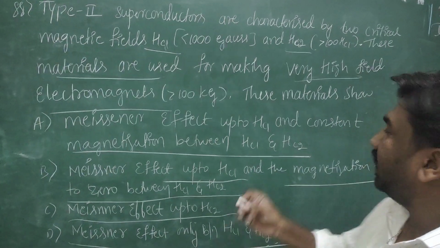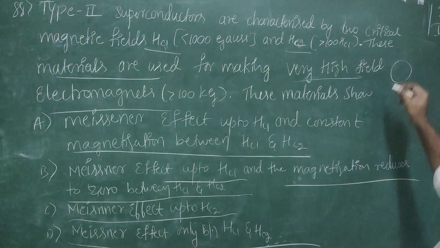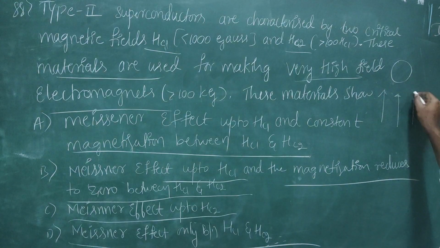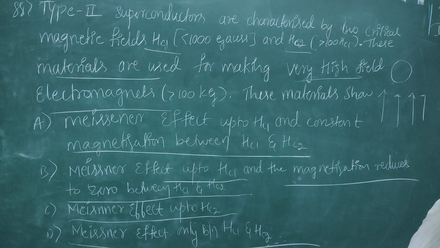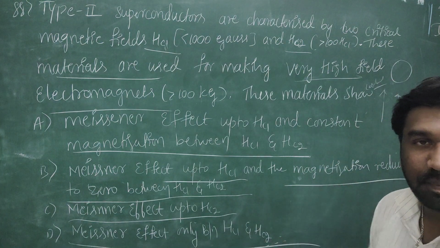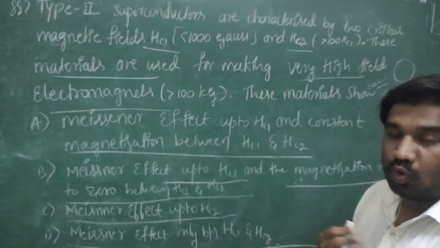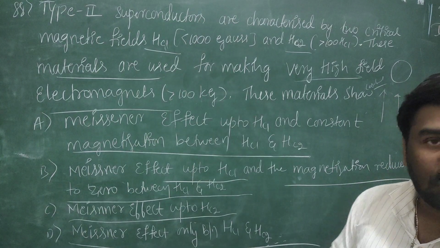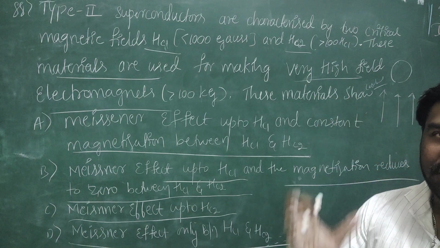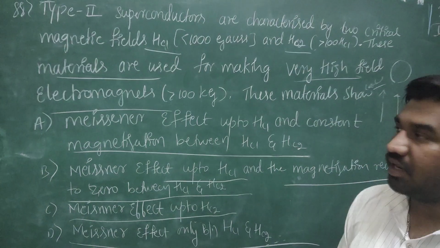For example, a specimen is placed in an external magnetic field and cooled to a transition temperature for superconductivity. From this specimen, the magnetic flux is ejected, and that is called the Meissner effect.